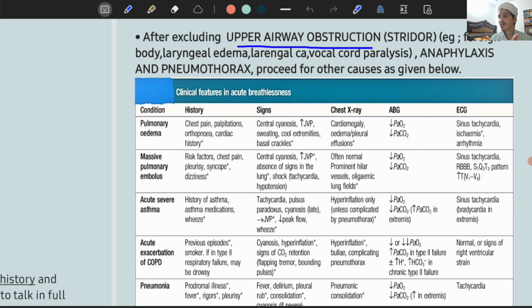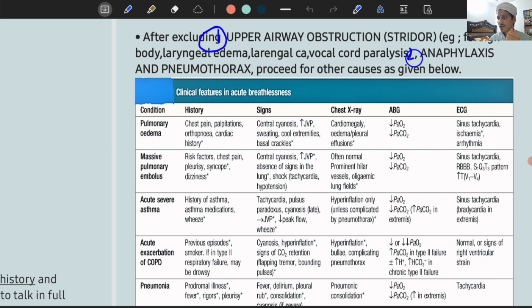The sign will be stridor. Stridor is an inspiratory sound, wheeze is an expiratory sound. Stridor can be because of a foreign body, laryngeal edema, laryngeal carcinoma or vocal cord paralysis. This is the first thing you will rule out.